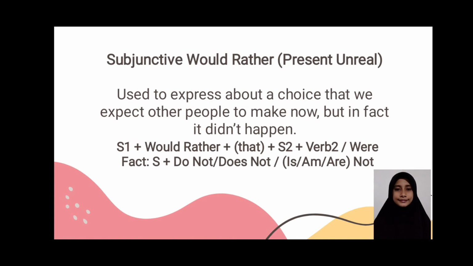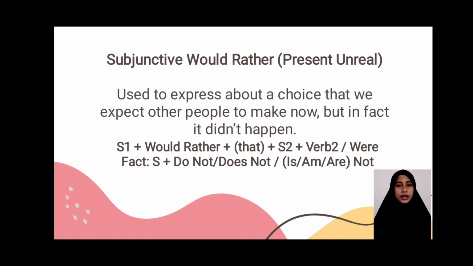Okay, the first is subjunctive would rather present unreal. We use the verb or to be in the past form, verb 2 or were, after would rather or would sooner, which has a different subject, to express a choice that we hope other people make now, but in fact it doesn't happen.